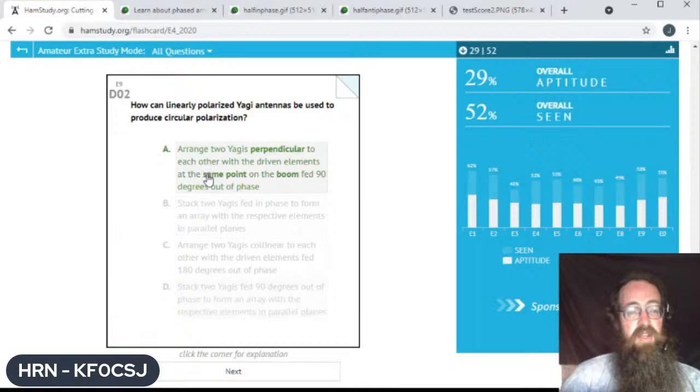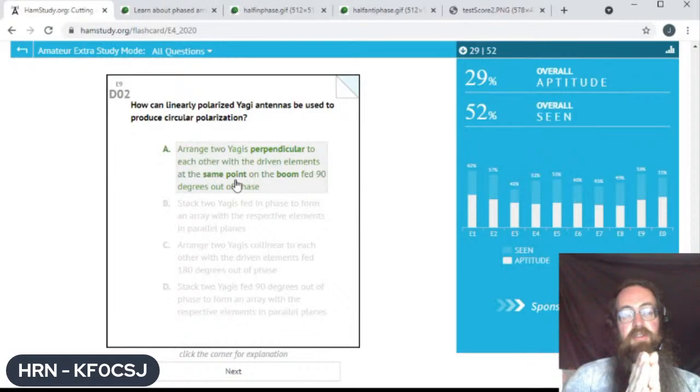For circular polarization, put them perpendicular, same point on the boom, fed 90 degrees out of phase. So, okay. It's basically you're taking the driven elements, rotating them 90 degrees to make them perpendicular, and then you do the same thing with the phase.